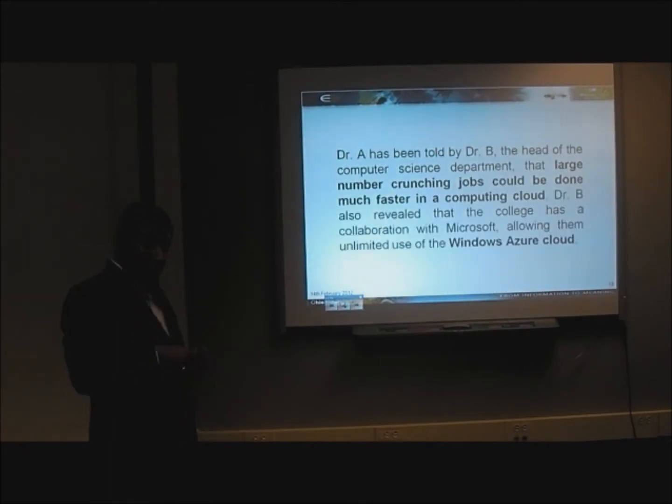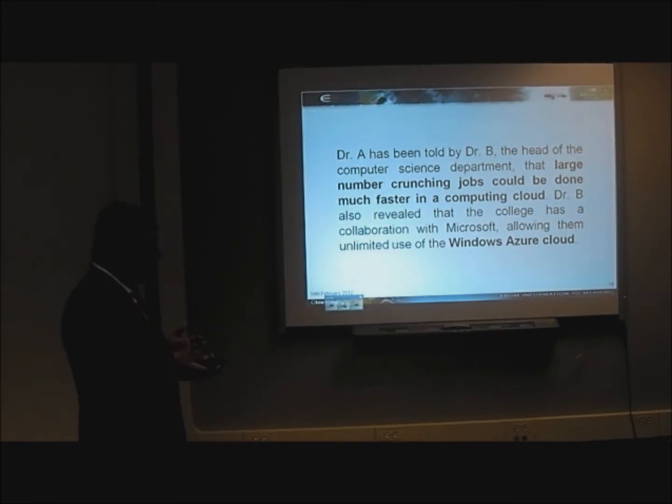Dr. B, who is the head of the computer science department, said to Dr. A once, you should try to use the cloud, because if you moved your stuff to the cloud, you could probably do your number crunching much faster. And you know what? We have collaboration with Microsoft, so we could use the Windows Azure cloud as much as we want.